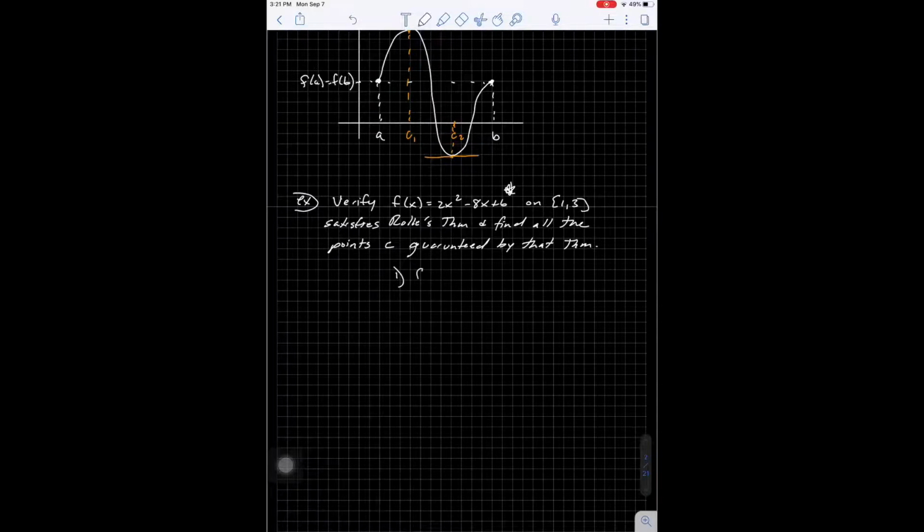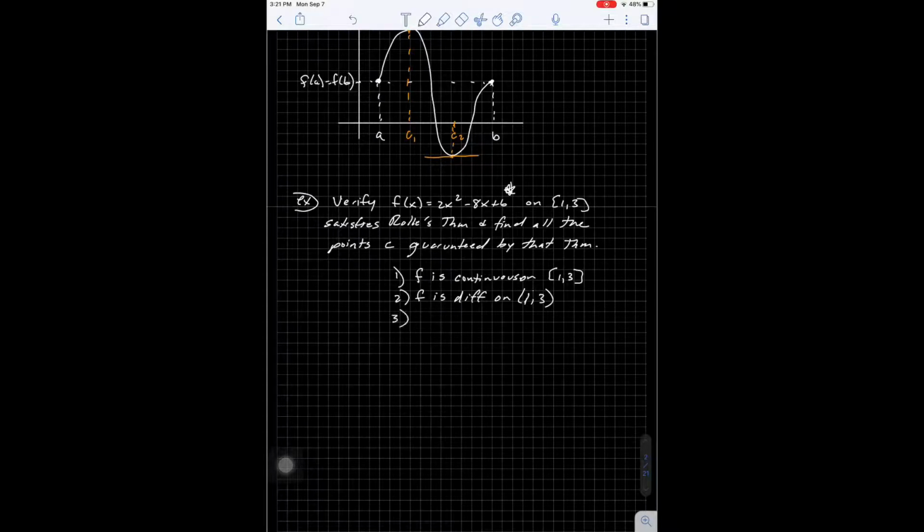I think we're far enough along that we all can agree that parabolas are continuous. So f is continuous on the interval 1, 3. f is also differentiable. There are no breaks in a parabola. So that's on the open interval 1, 3.